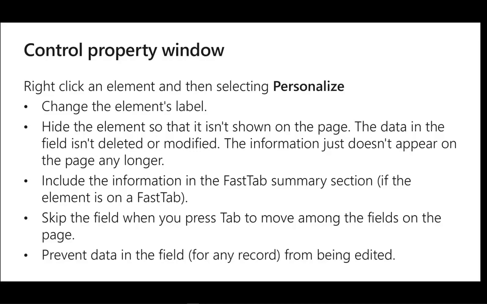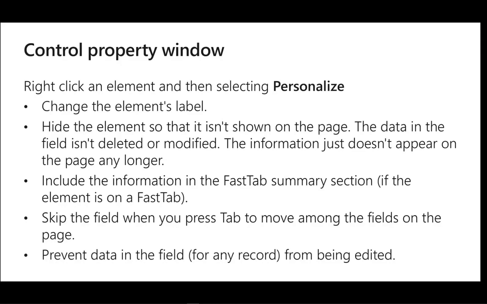If some field is not used in the business process, we can hide it so that it doesn't show on the page. This will speed up user data entry for sure. The data in the field isn't deleted or modified, it's just hidden. The information just doesn't appear on the page to the user.